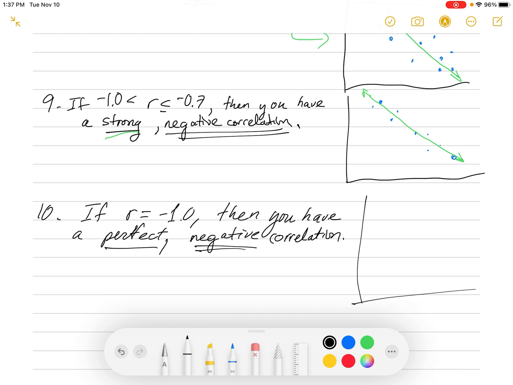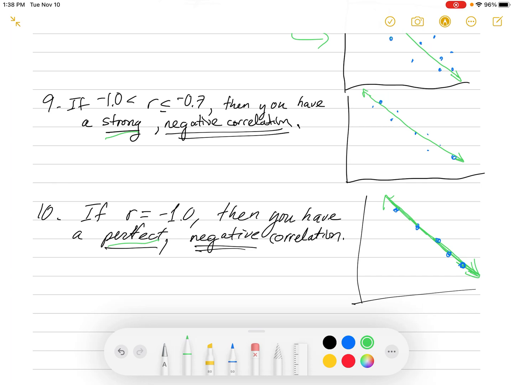So if I draw a little window here with some points, and I interpolate those points, perfect correlation means that the line will pass through every single point. That's what perfect means. So perfect, the line passes through all the points, and negative means the line decreases from left to right.